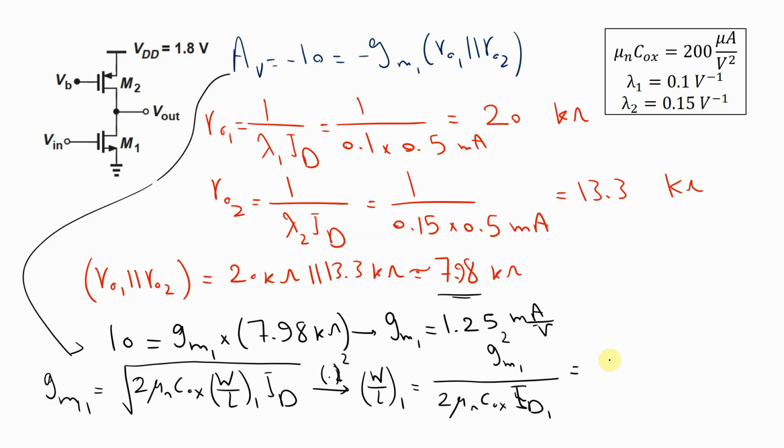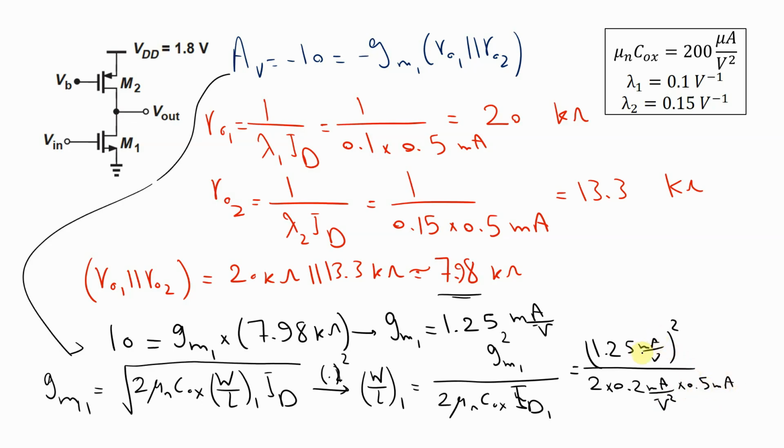And the result is going to be, let me simplify this, 1.25 milliamp per volt squared divided by 2 times, this is actually 0.2 milliampere per volt squared times 0.5 milliamp.